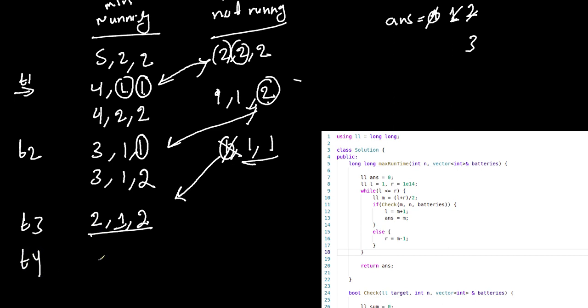Time 4, we subtract 1, so 1 minus 1 is 0, 2 minus 1 is 1. Increase the answer, and we bring 1 from the not running queue.